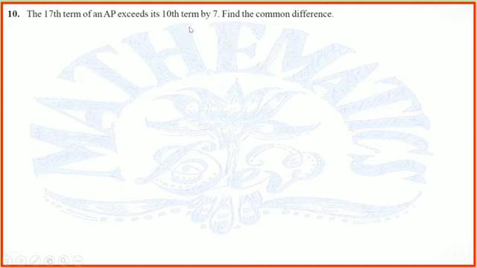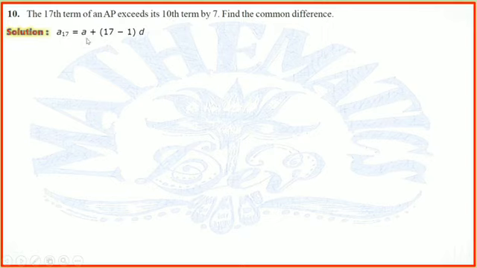Understood? In other words, if we find the difference of these two terms, 17th term minus 10th term, then the difference would be 7 only. So let us go for the solution.